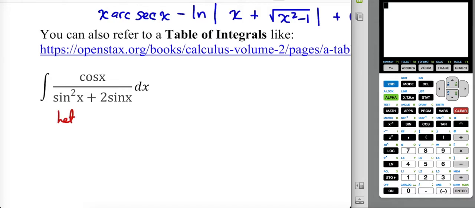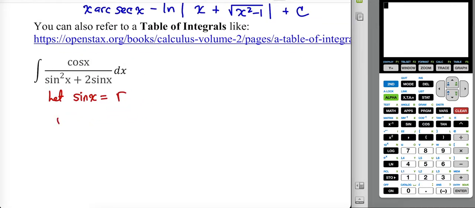let sine of x be equal to, well, we use u a lot, so let me say r. In which case we'd have r squared plus 2r. That's factorable. Now the top is a different story, but we could actually make that work too.